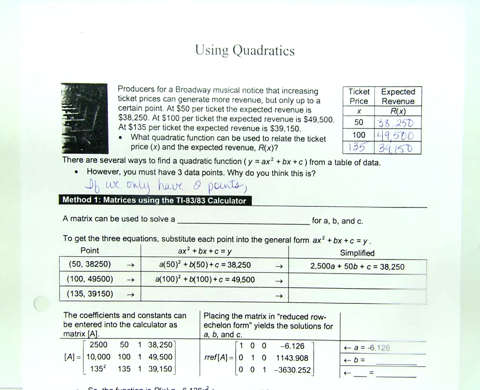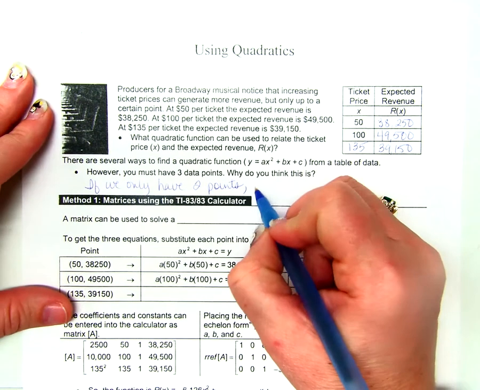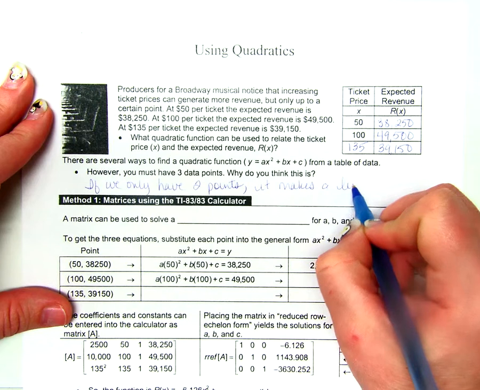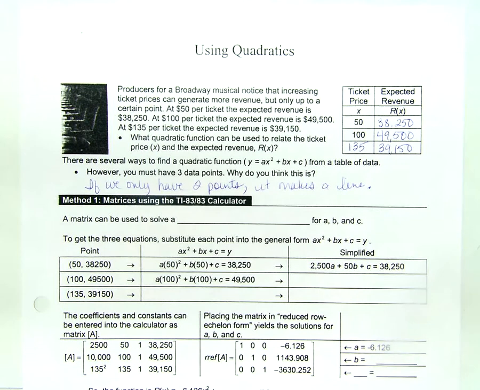Why wouldn't it work? What happens when we have 2 points? It's a line. We have to have that 3rd point to know what shape it goes. Okay? Does that make sense?